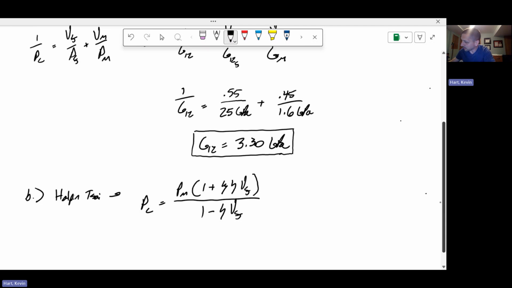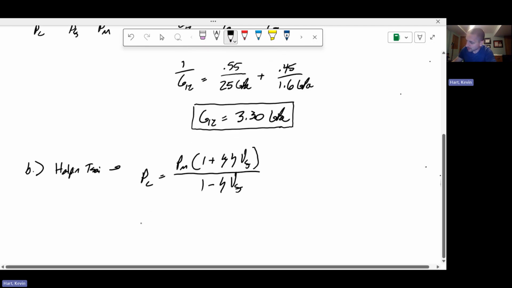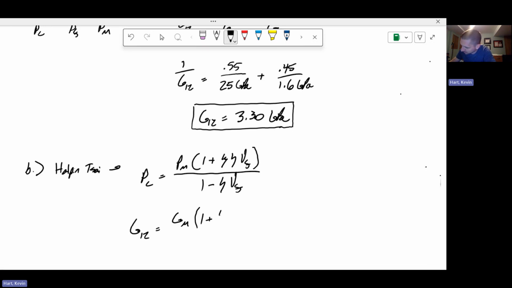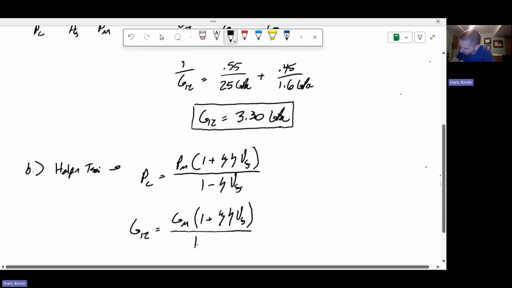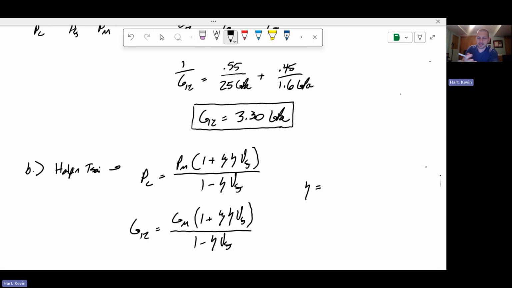It depends on what property you're looking for, but generally we're looking for G12, so we can rewrite the Halpin-Tsai formulation as the shear modulus of the matrix times 1 plus xi eta VF over 1 minus eta VF, and now we need eta.